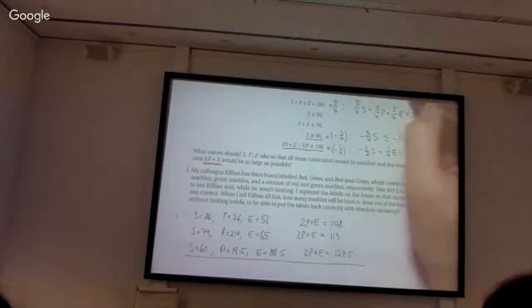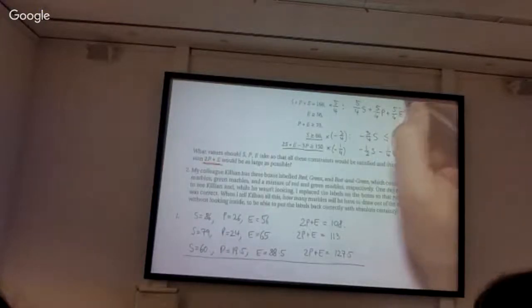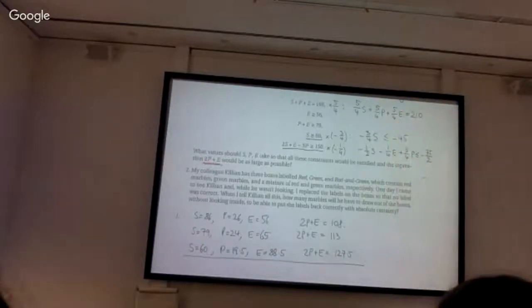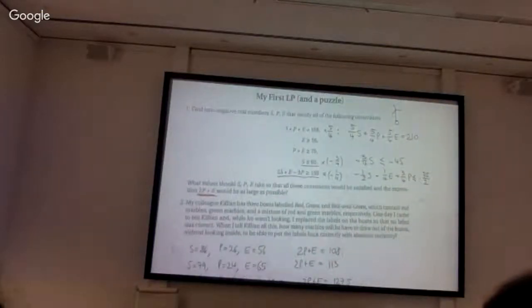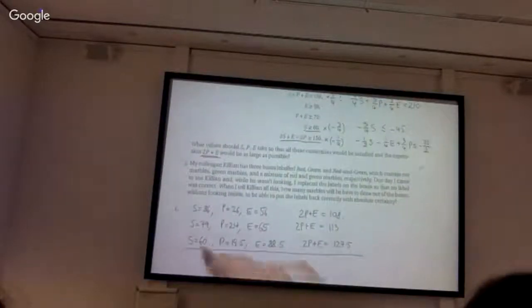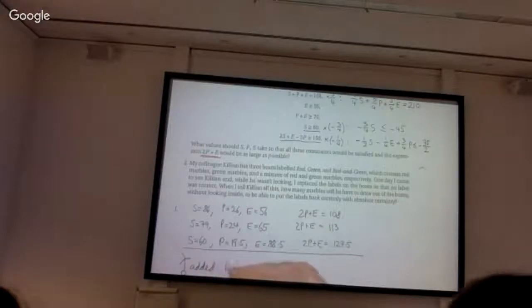I'll call these constraints, I'll give them a symbol. Oh, you don't see the symbol. So this is the symbol for these three constraints. So when I add all the constraints that I've marked with this symbol, added together, what do I get?